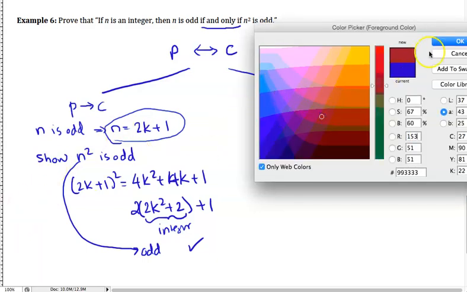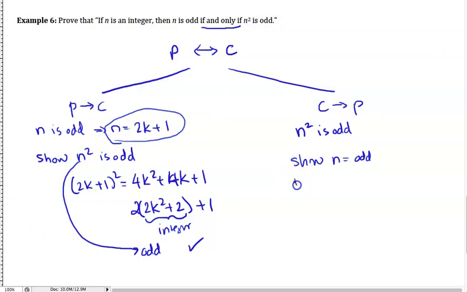I think it's a little simpler and cleaner to do indirect proof on this. Okay, so indirect proof says, well, assume the conclusion is wrong. So we need to negate the conclusion, which means that n is even. So we're going to say n equals 2L. All right. Then somehow that needs to contradict my other premises.